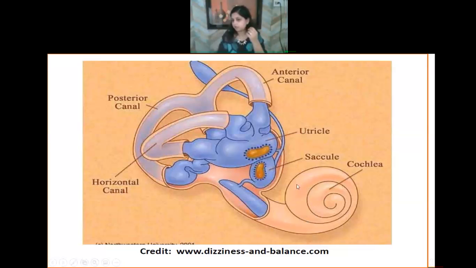This is the cochlea. We do not have much research on the relation of the vestibular system and cochlea, the relation of hearing and balance together. But if one thing is affected, the second is affected. If hearing loss is there, your balance gets affected.